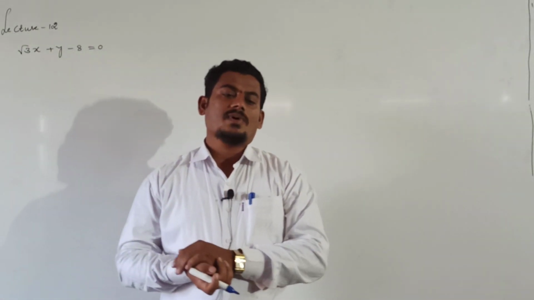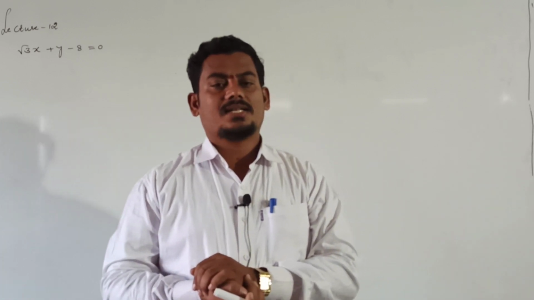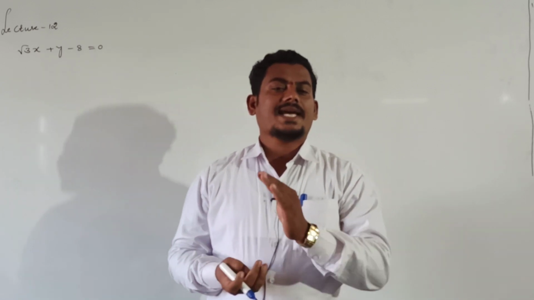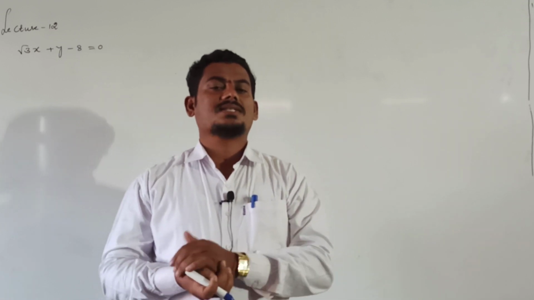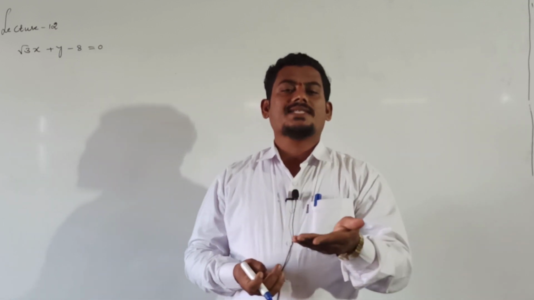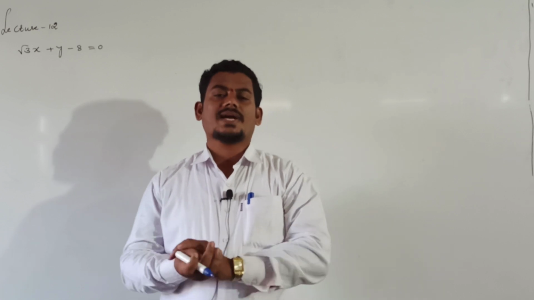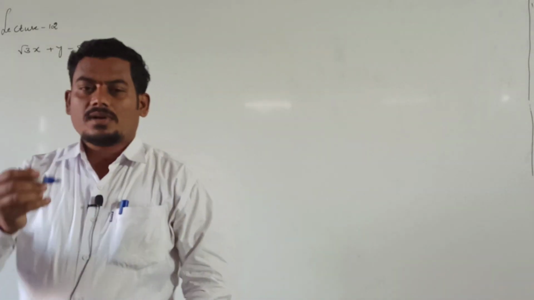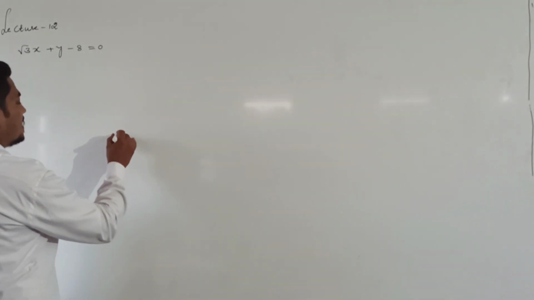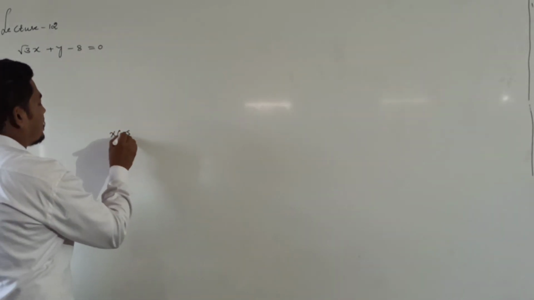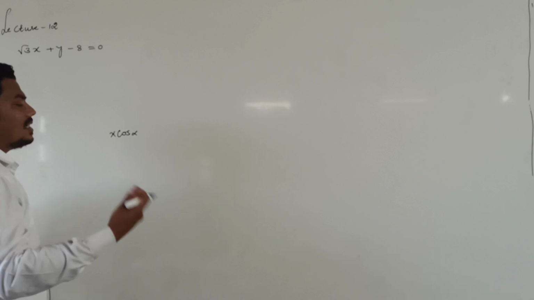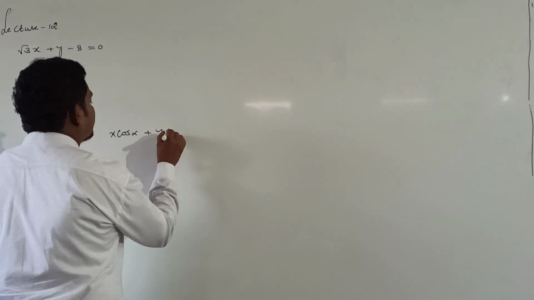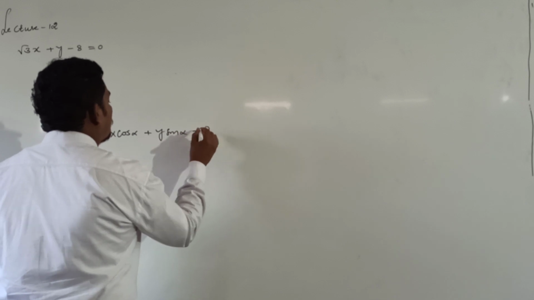Already you know the normal form of the equation of the straight line is x cos omega plus y sin omega is equal to p, or else you can take alpha. Normal form is x cos alpha plus y sin alpha is equal to p.